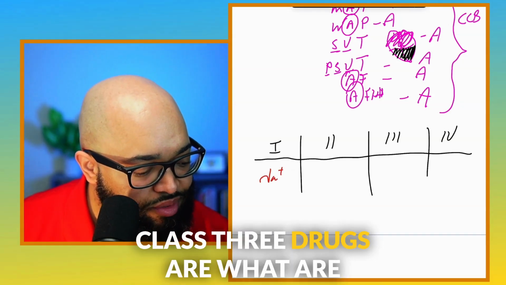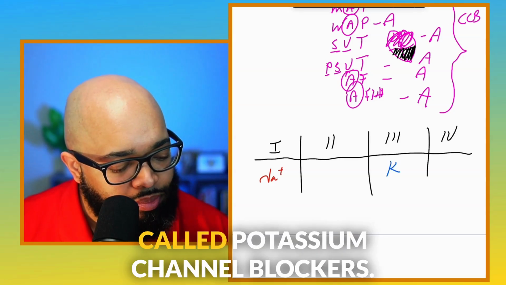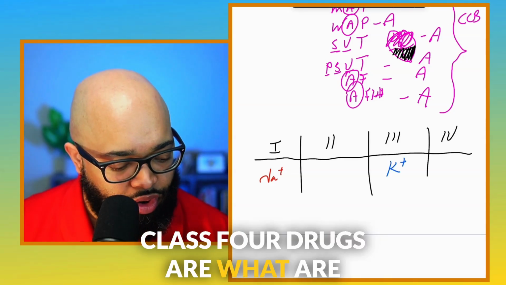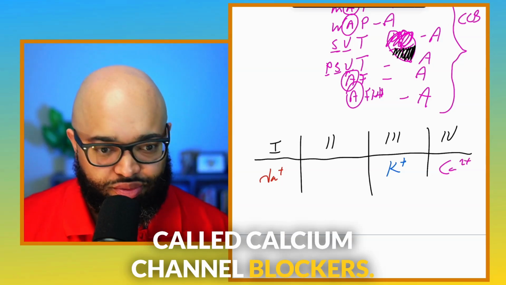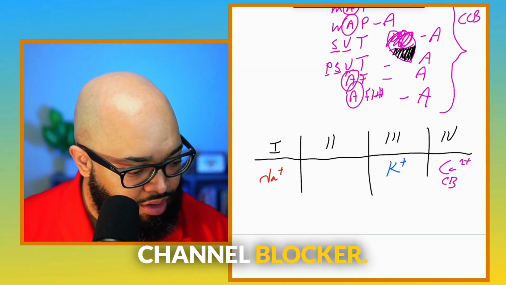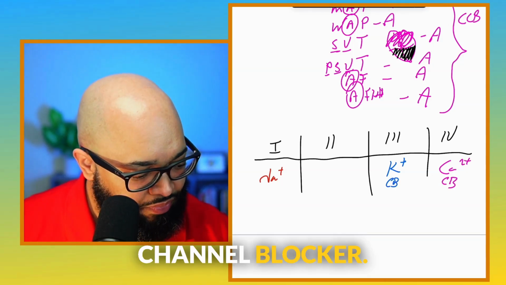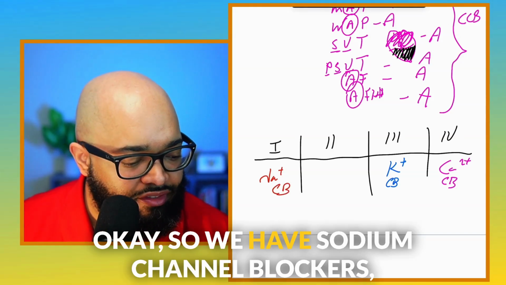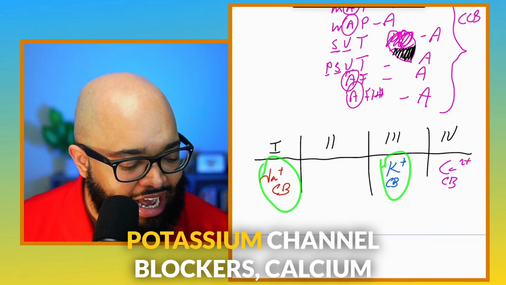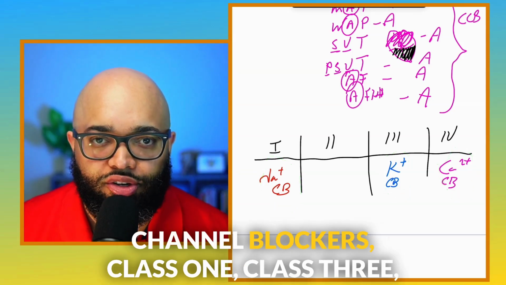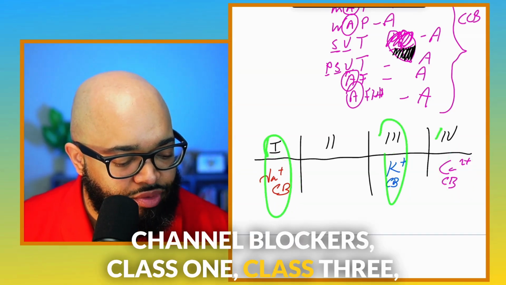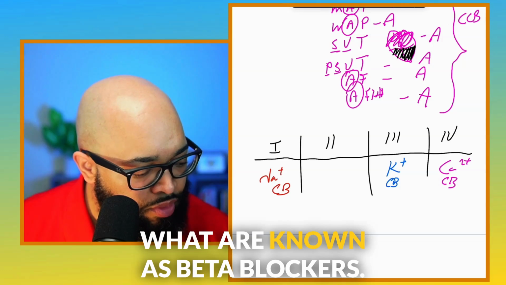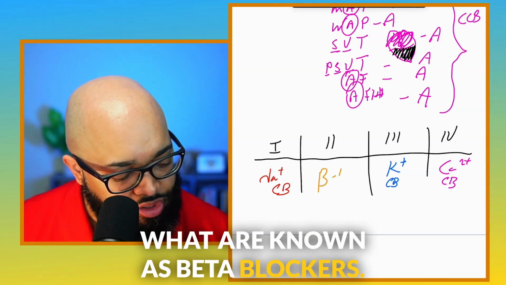Class 3 drugs are potassium channel blockers. Class 4 drugs are calcium channel blockers. Channel blocker, channel blocker, channel blocker. So we have sodium channel blockers, potassium channel blockers, calcium channel blockers: class 1, class 3, class 4. And then class 2 drugs are what are known as beta blockers. Okay?